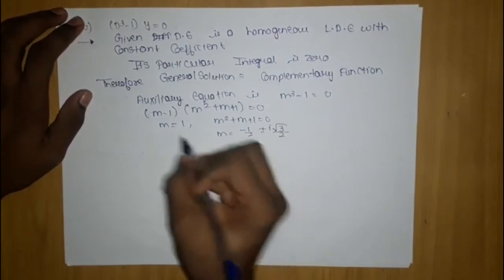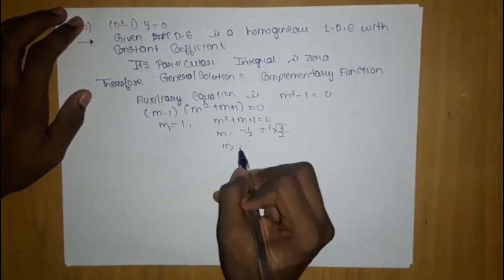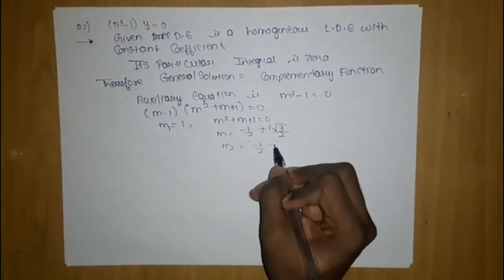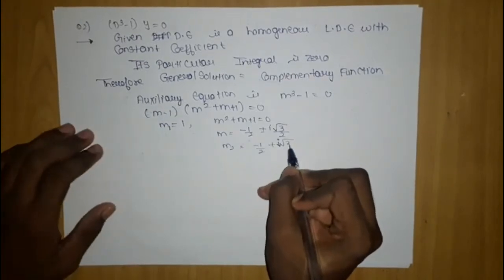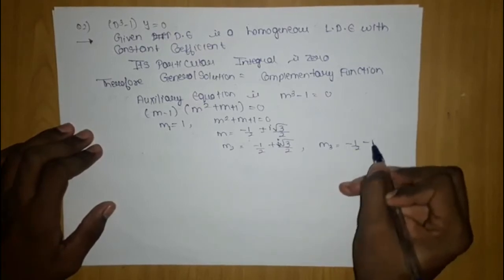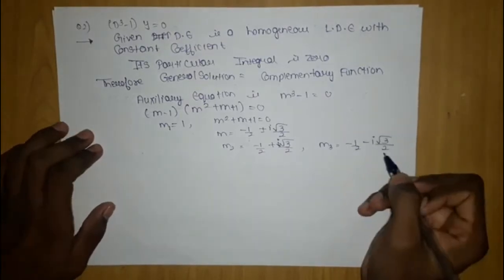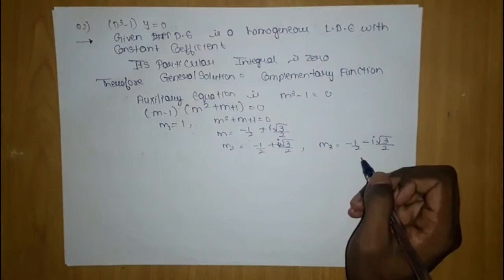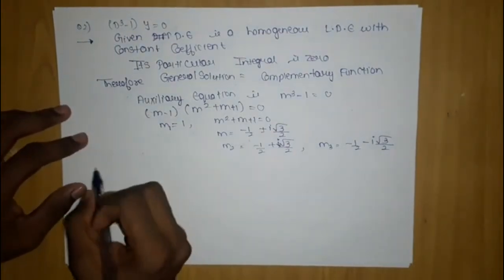So m1 is 1, m2 is minus 1 upon 2 plus iota root 3 by 2, and m3 is minus 1 by 2 minus iota root 3 by 2. Now, the roots of the auxiliary equation.